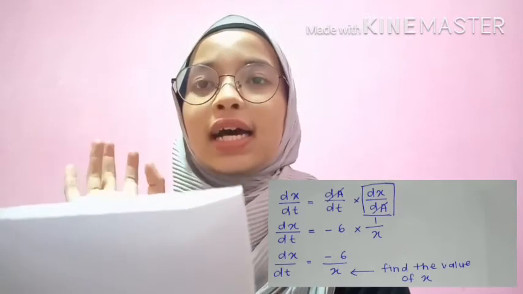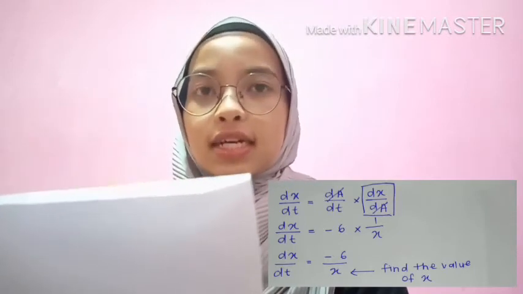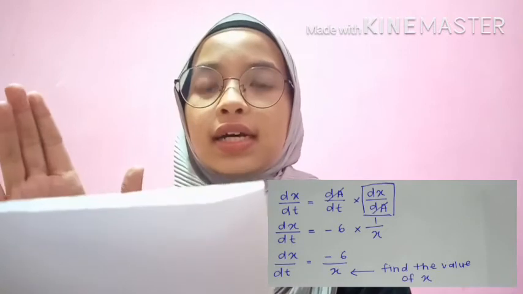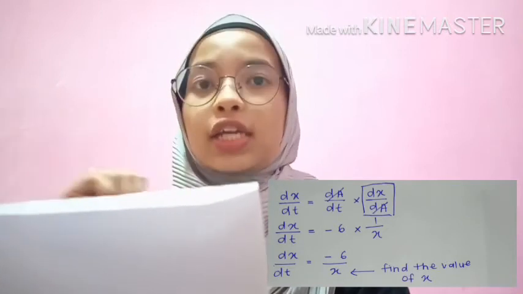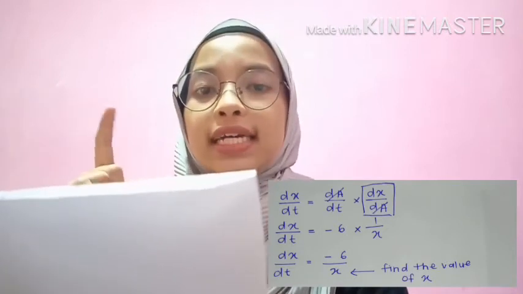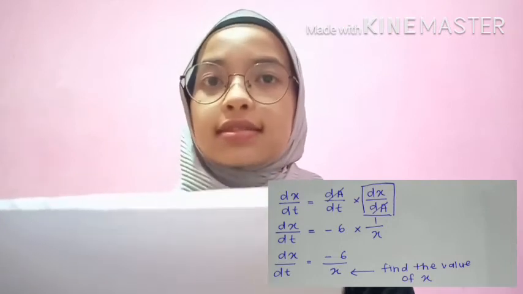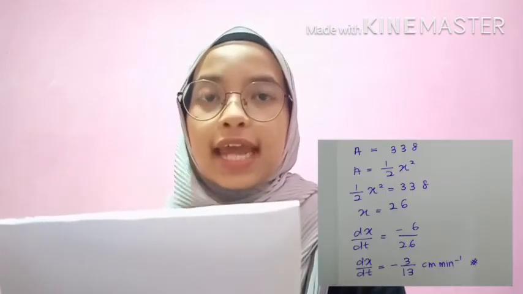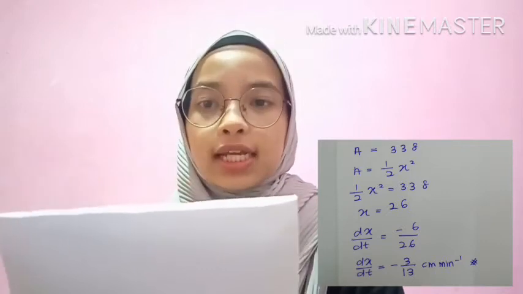Okay, so this is not the final answer. We cannot leave the answer like that. Now we must find the value of x. To find the value of x, first of all, we must look at the information that we have got from the question.